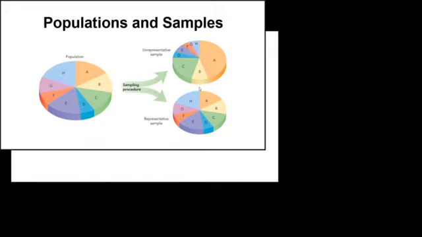Our pie chart on the top is an unrepresentative sample. Group A has been over-proportionately measured. Maybe they were just easier to have access to, or maybe you had some kind of bias in your sampling method, and that could lead to a situation like that.